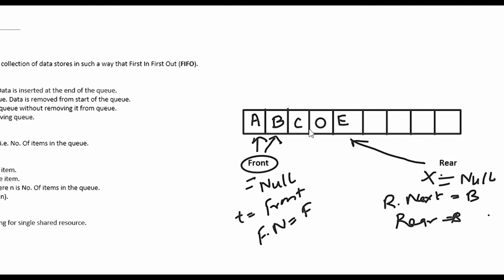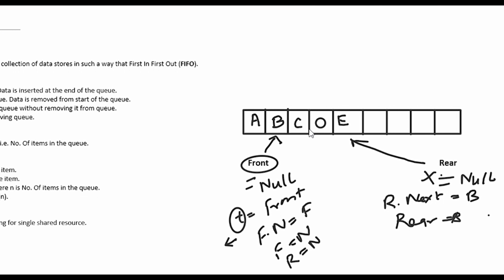And for this part, we also need to check if front next is equal to null or not. If it is null, then we simply set front equal to null and rear equal to null and return this temp item from the program. Okay, so that's how a queue is dequeued. Now our queue has b and c and so on.